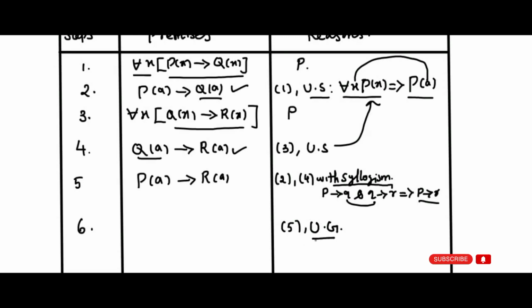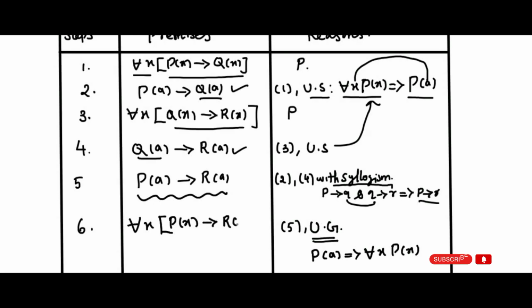What does universal generalization law mean? Whenever we have p of a, we can write for all x, p of x. Applying universal generalization law, wherever a equals x, we get p of x then r of x.